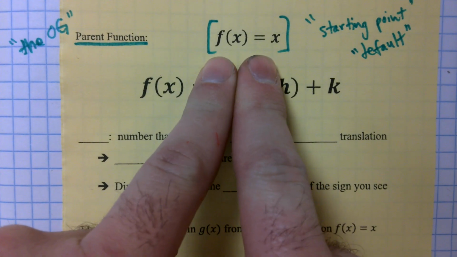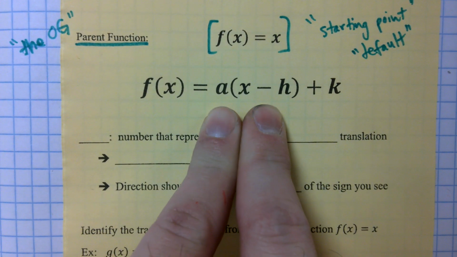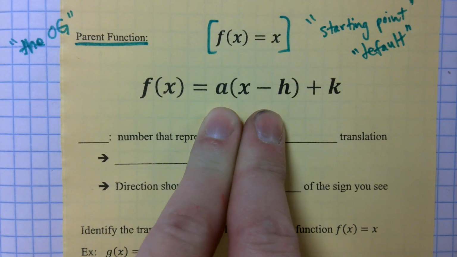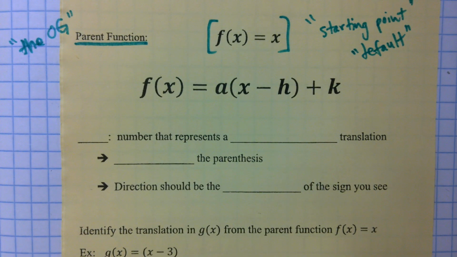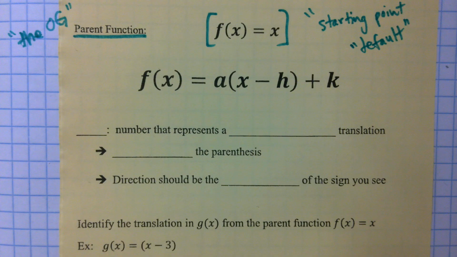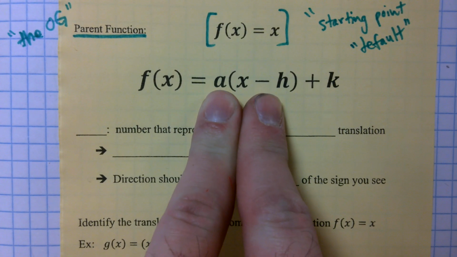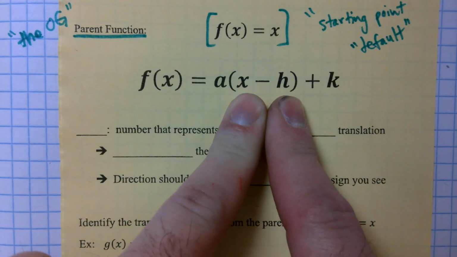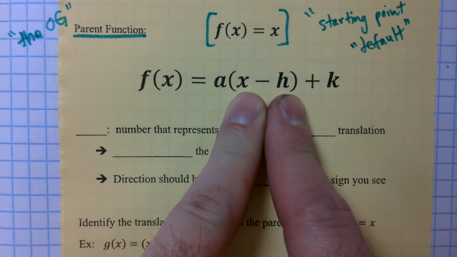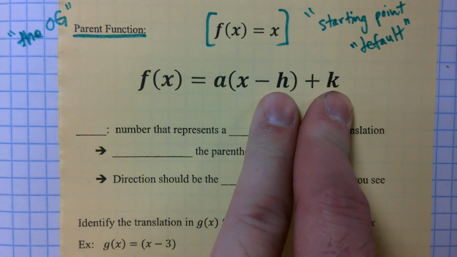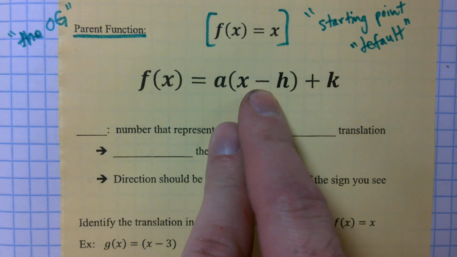Real quick, if this is my starting point and this is my ending point, what do you notice about my ending point that is different from where we started? Precious, what's different? Added an H. There's an H in there. What else is there? Alex? Plus K. There's a K in there. What else is there? There's a minus sign. What else is there?